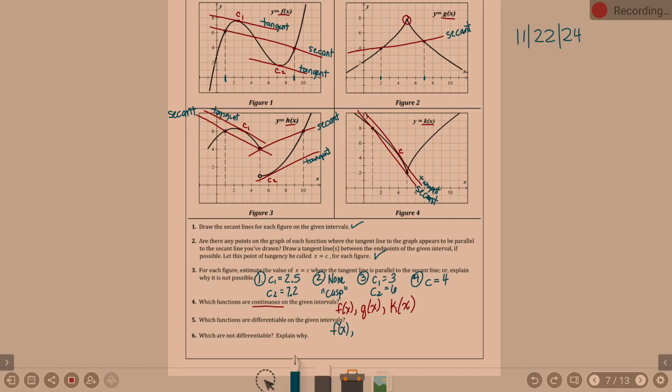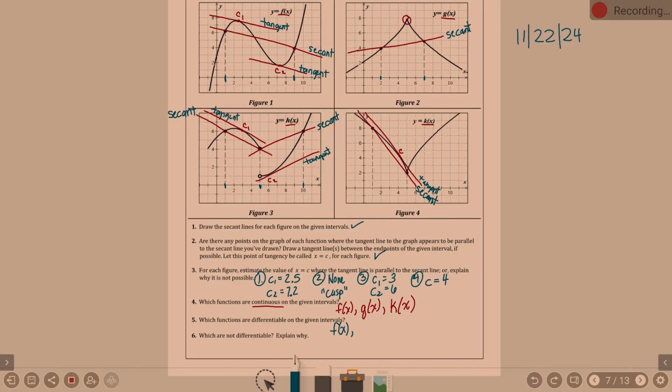Figure 3, they actually give us 3 points, don't they? I don't know what interval they're referring to there. I assume it's not going to be because of that gap right there.